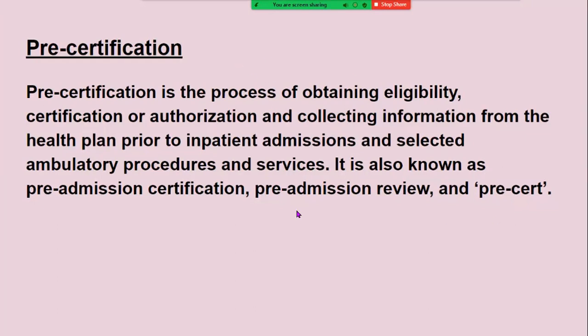A precertification is the process of obtaining eligibility. Now, when you get a pre-authorization, you already know they're eligible. Certification or authorization and collecting information from the health plan prior to inpatient admissions and selected ambulatory procedures and services is also known as pre-admission certification review, or it can be called a pre-cert.